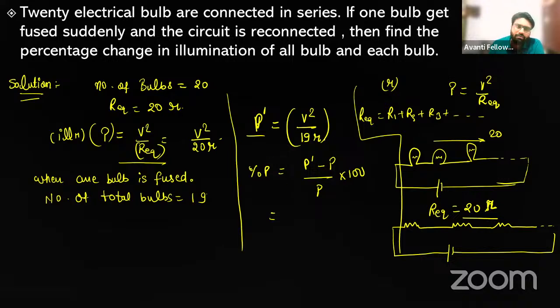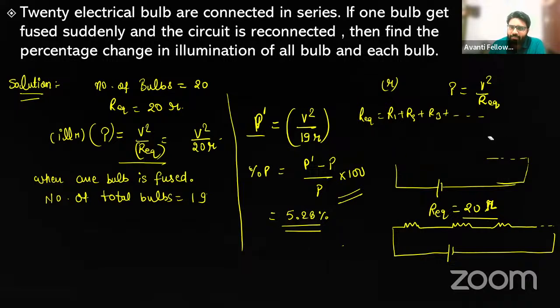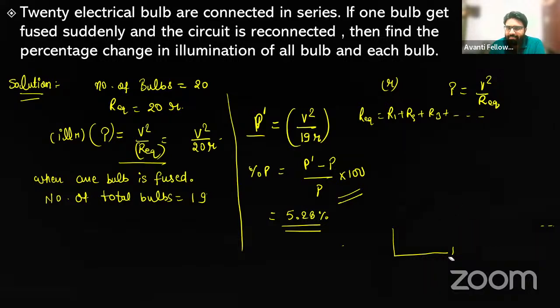In place of P, put V square by 20R, and P dash is V square by 19R. Taking the LCM and finding the value, it comes out approximately 5.28%. Clear? Now, if I do it for an individual bulb, it is very simple. Just elementary mathematics you have to use.